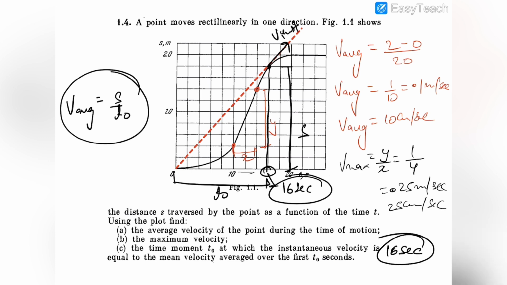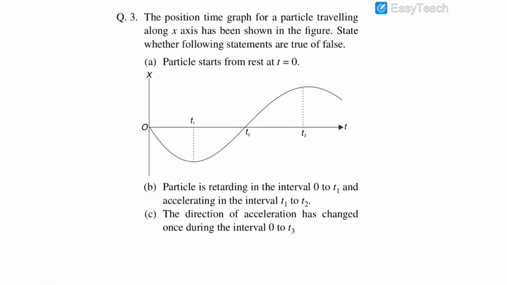Now we move on to the next question. In this question, you can see that this is a position time graph of a particle which is traveling along the x-axis, and we have to state true or false among these statements.